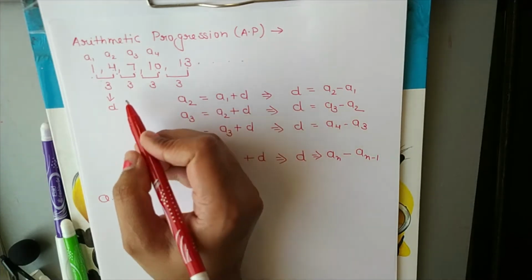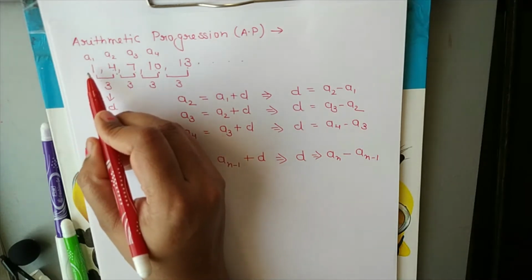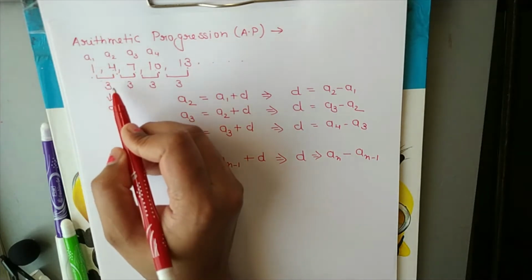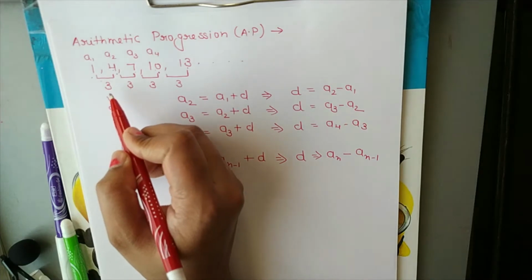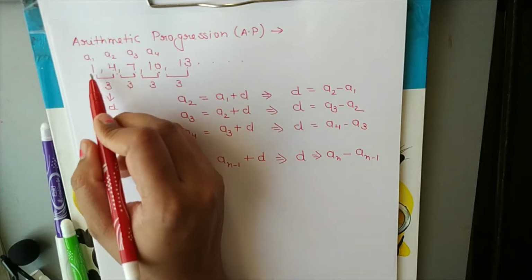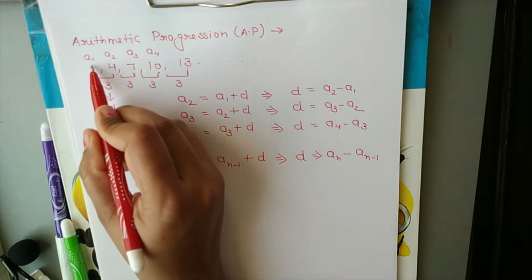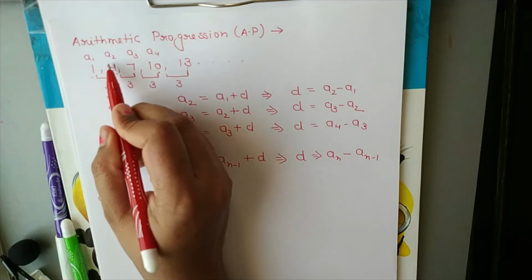In this type of sequence, every term except the first is obtained by adding a fixed number, positive or negative, to the preceding term. Here you can see that if we add 3 to 1, we get the second term.